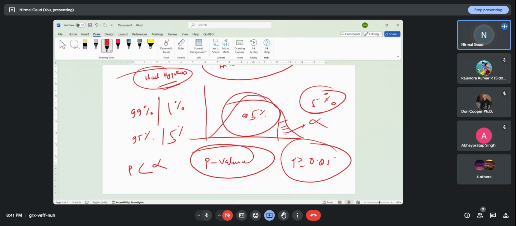That means we have strong evidence against the null hypothesis. And if the value of p is greater than alpha, then we are going to accept the null hypothesis. That means you are in a confidence region. Don't worry. The null hypothesis is accepted. That's what I taught yesterday.